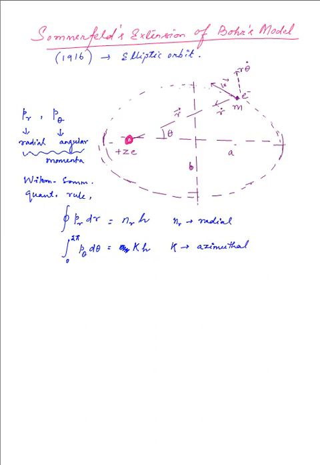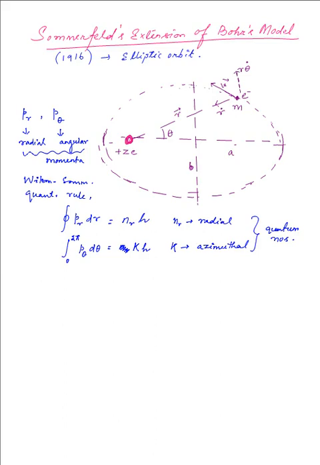So the radial and azimuthal quantum numbers are as given by the Wilson-Sommerfeld quantization rule, which we'll be using.